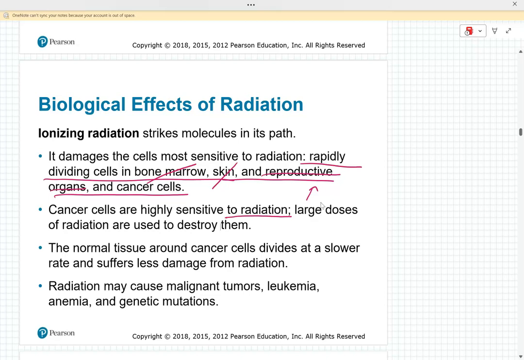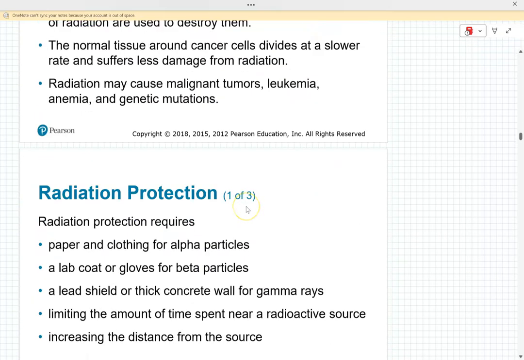We need to treat with a certain dose. I, the medical physicist, will calculate how to position the gamma ray source, the radiation source, to deliver the necessary amount of radiation in the shortest possible time with minimal damage to other tissues. Okay? Make sense? Very well paid profession.